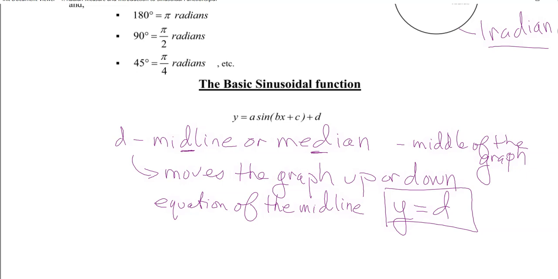The maximum value is going up 5, the minimum value is going up 5, and the middle is going up 5. So the new midline will be at y is equal to d. If we ask you for the equation of a midline, don't write 5, you write y equals 5. The equation of a line has got to be in the form y equals.